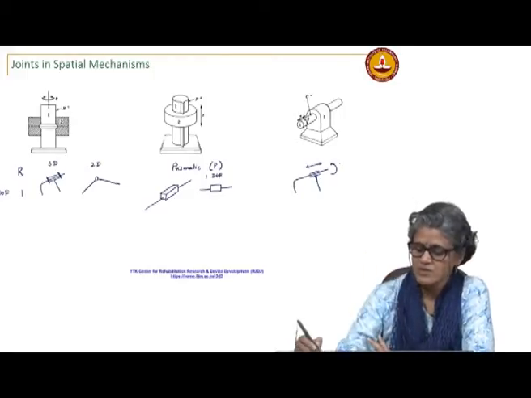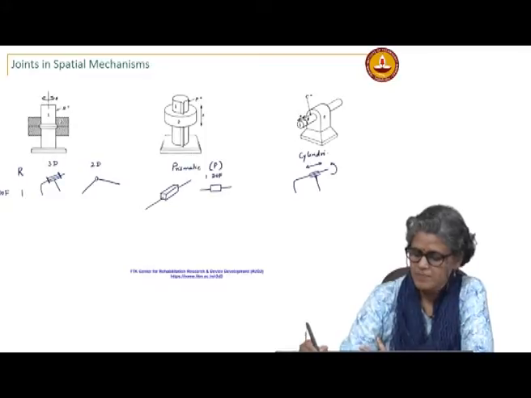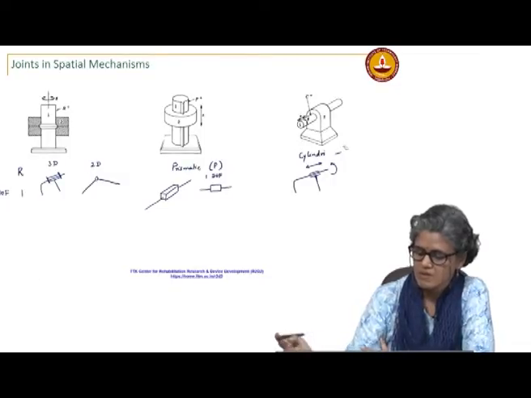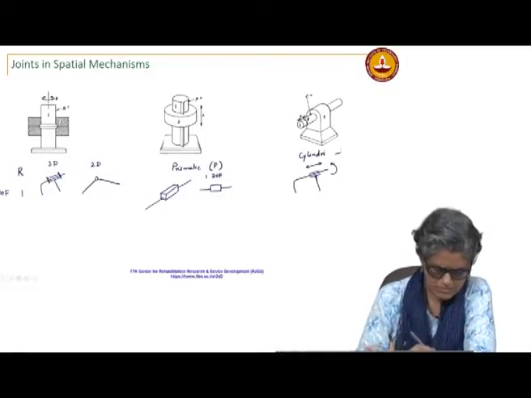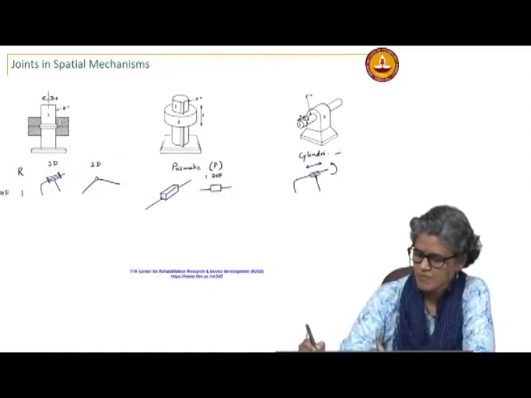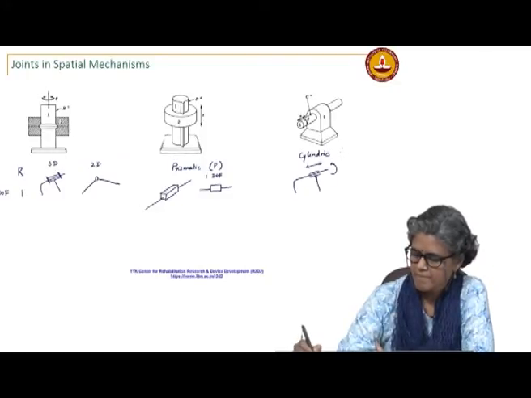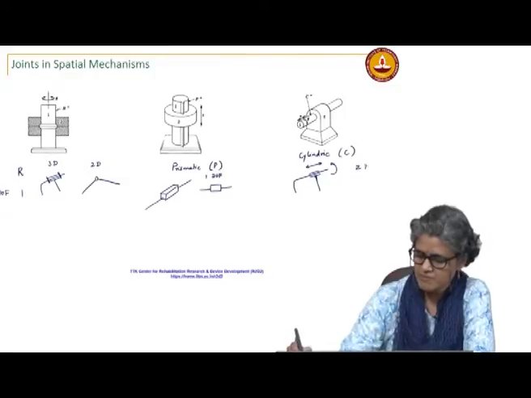So, this is a 2 degree of freedom joint, the cylindrical joint.